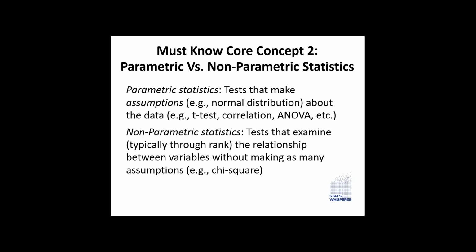Now, the must-know core concept 2, parametric versus non-parametric statistics, right? So statistics are often broken down into 2 families. The first being parametric statistics. These are things you might have heard of, t-test, correlation, ANOVA. They're based on equivalence of variance, how scores vary together equally.